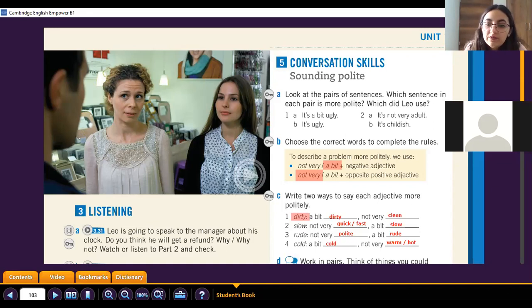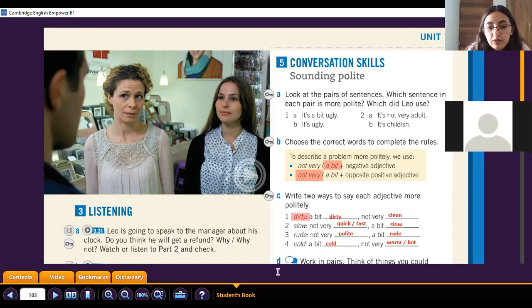Sí, acuérdense de las frasecitas que vimos para devolver algo o cambiar algo en la tienda. ¿Sí? Y tenemos también, miren, estas pocas frases que nos pueden servir para sonar como que un poquito más corteses, no tan groseros al momento de, pues, de quejarnos por algo.